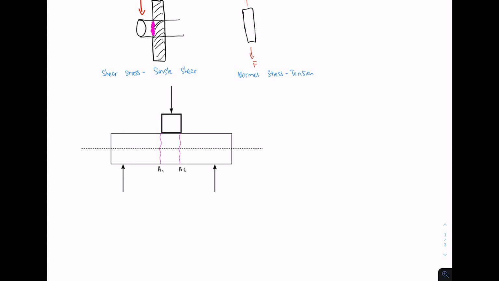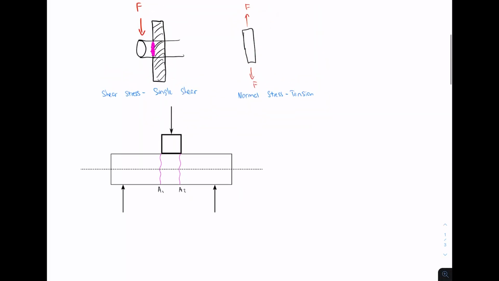Then we have some object here, which isn't really a block, as you'll see later on, that I'm representing as a square, and we're going to apply a force down on our rod there, and that's going to result in shear failure. But in this case, we're going to have double shear, because we're going to have 2 different fracture surfaces, A1 and A2.